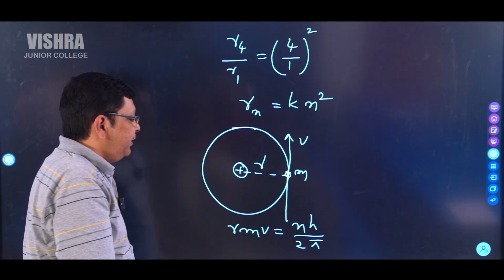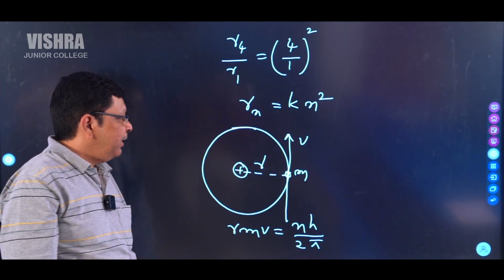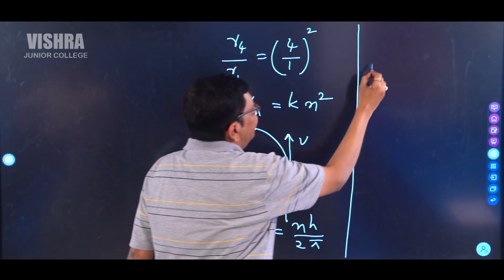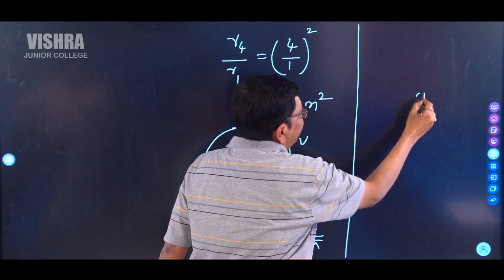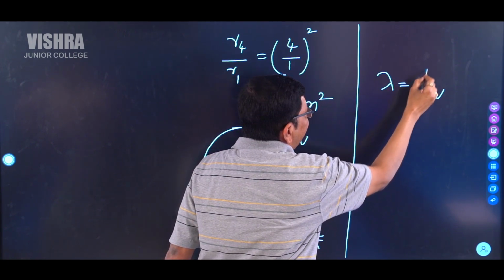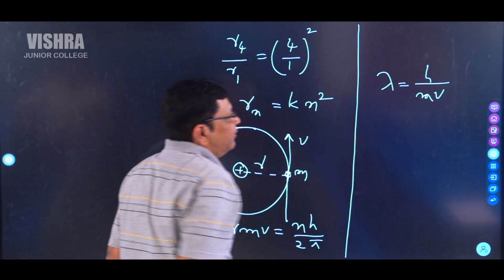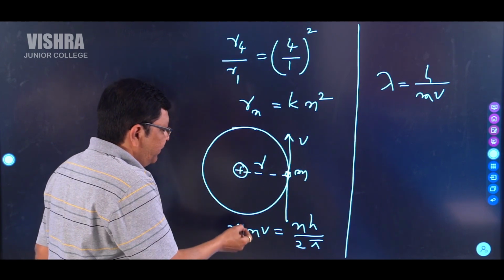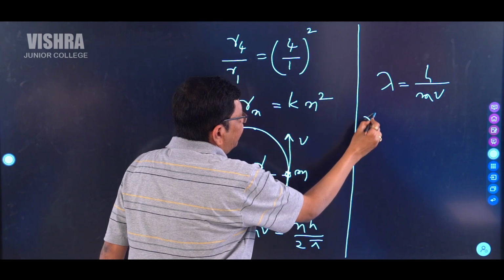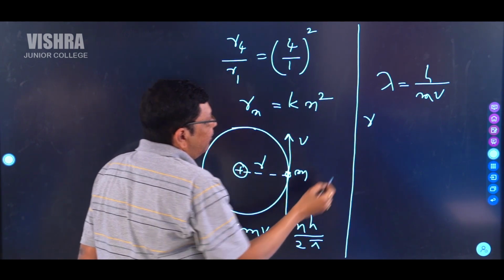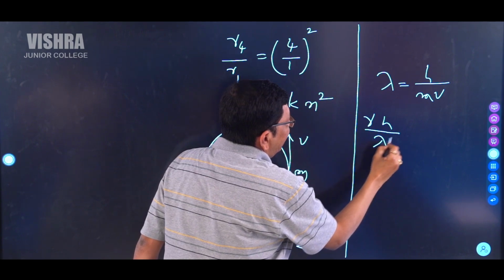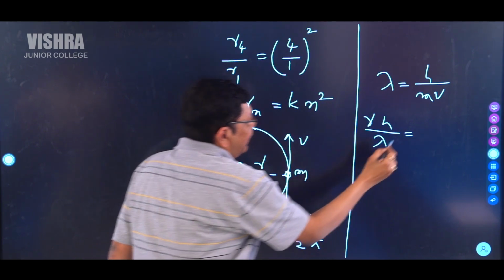Here mv is momentum of electron, and from de Broglie's dual nature theory, if a particle moves with a momentum mv, then the de Broglie wavelength associated with it is h by mv. So I can replace this mv with h by lambda. So radius of orbit of the electron multiplied by momentum is h by lambda, and this is equal to nh by 2 pi.